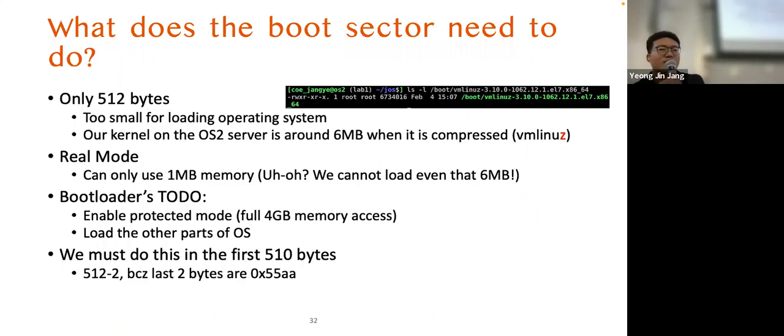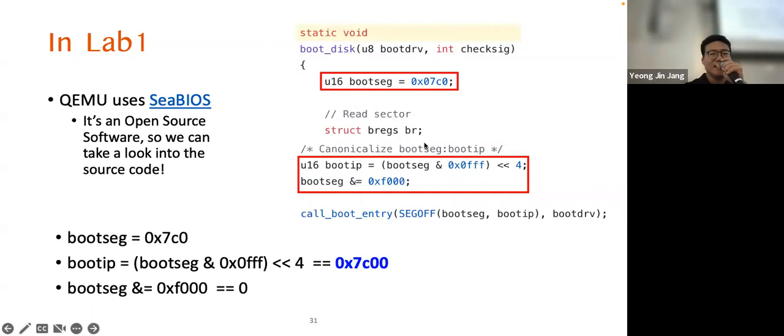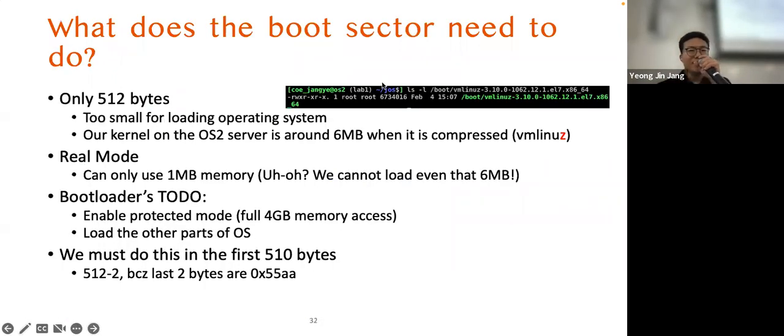And then what does the boot sector need to do? I told you that it only has 512 bytes. It's a very small code. Take a look at the operating system kernel of the OS2 server. This is one of the files, and you can see this vmlinuz.